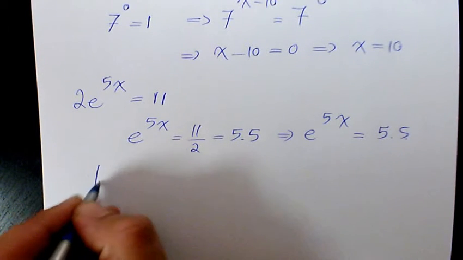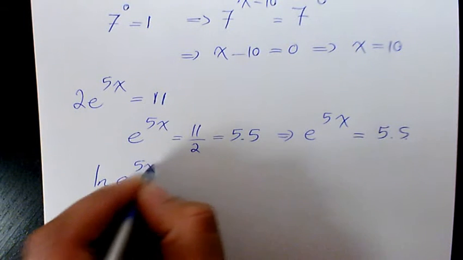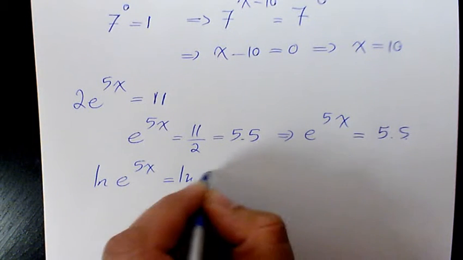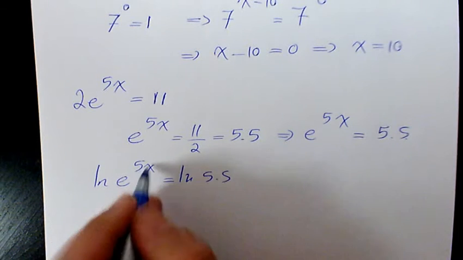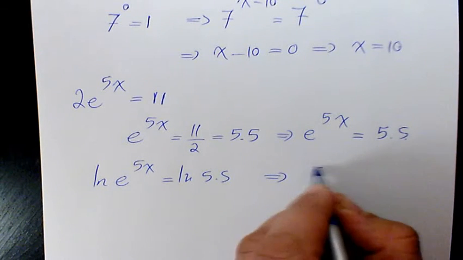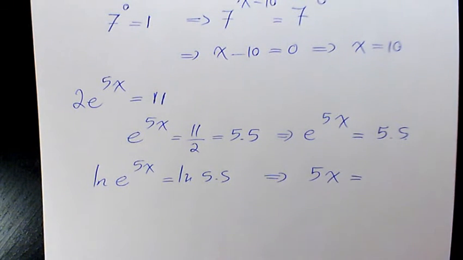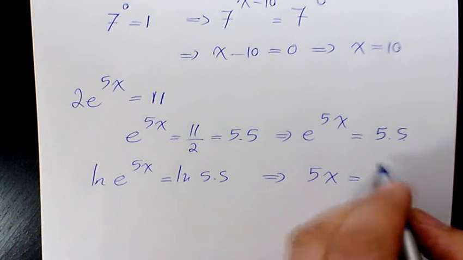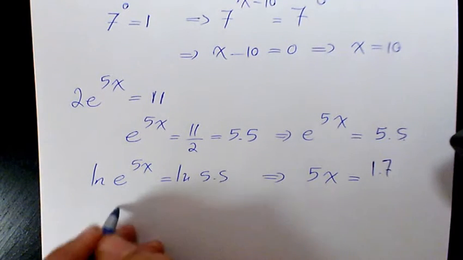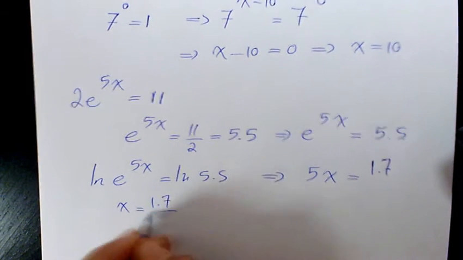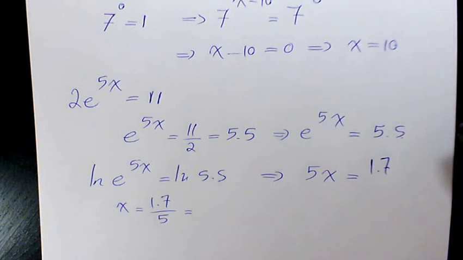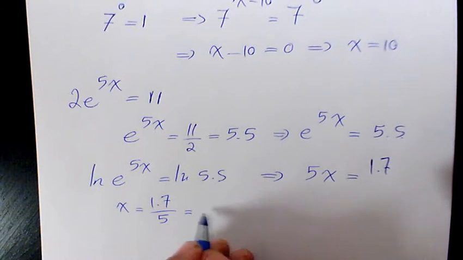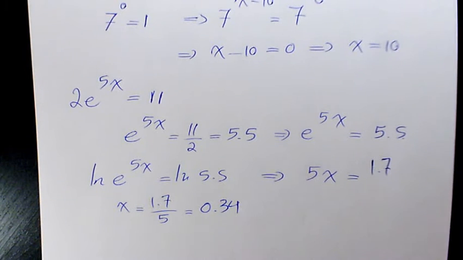So I take ln for both sides. ln e to the power of 5x is going to be 5x. And ln 5.5, I'm going to use the calculator. Let's say 1.7. So x will be 1.7 divided by 5, which is going to be 0.34.